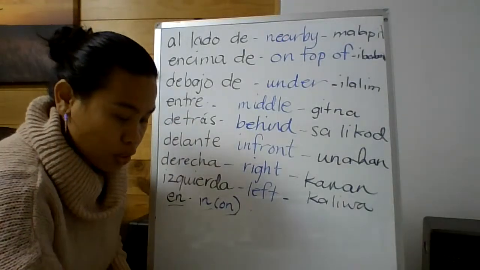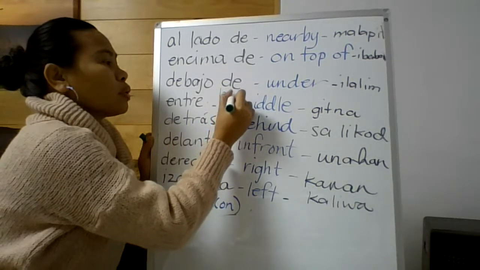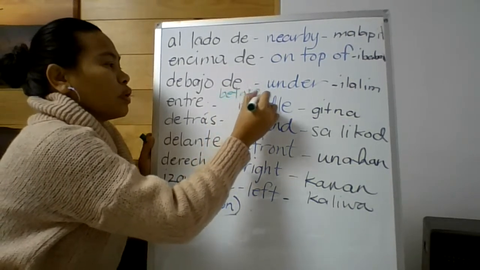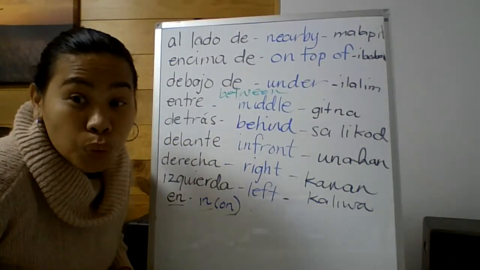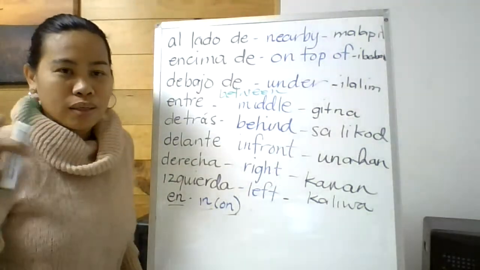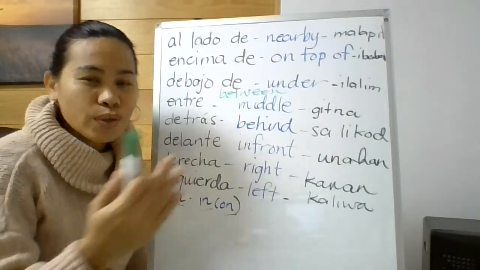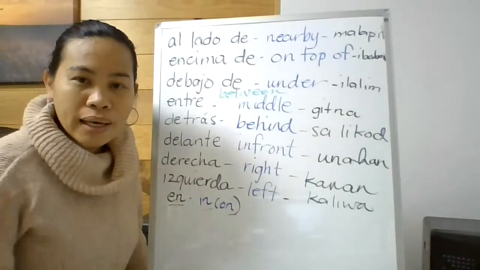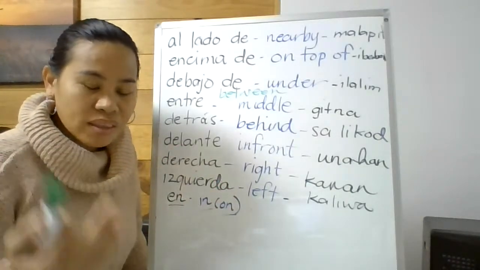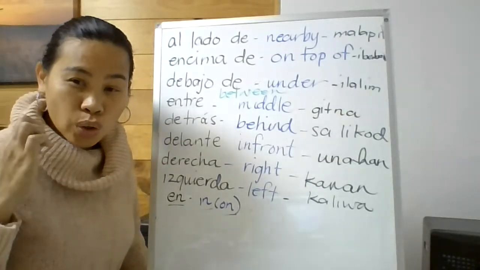Entre, between you and me. Vale? Between or in between. For example, you have a conversation with a person. Estáis hablando. ¿Vale? Y luego, tú puedes decir, vale, esta cosa es entre tú y yo.